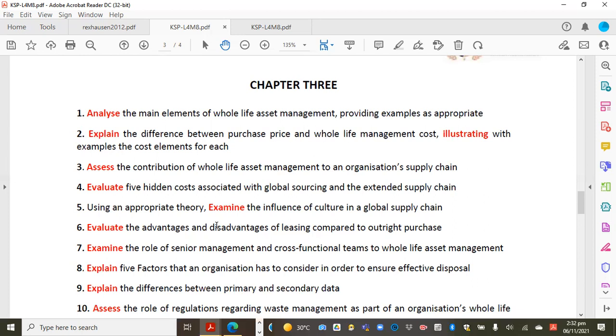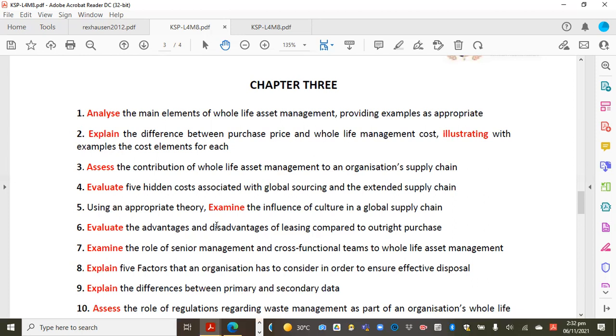Okay. And we do the same for the capital requirements, that we need this capital asset to be able to deliver certain outputs within the organization.